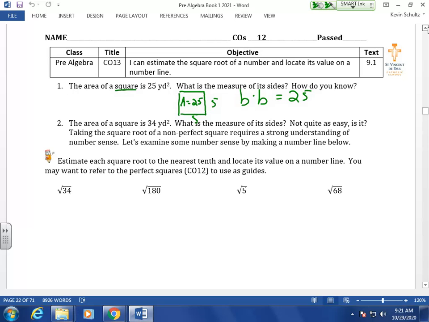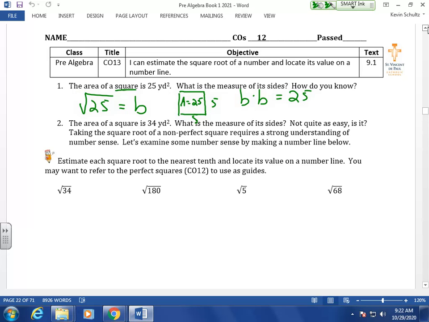Right? Another way to think about that is we just kind of did the definition of what a square root is. What number times itself equals 25? If we know the area of a square is 25, taking the root of that area will give us the length of the base, because by definition, we're looking for what number times itself.